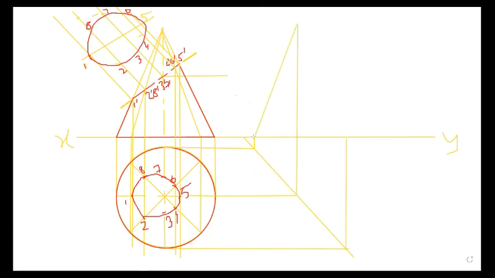Now I will join this, and each point, if you join 8, 7, 6, 5, 4, 3, and here also each point, you draw a line.